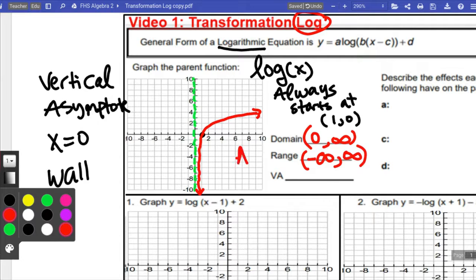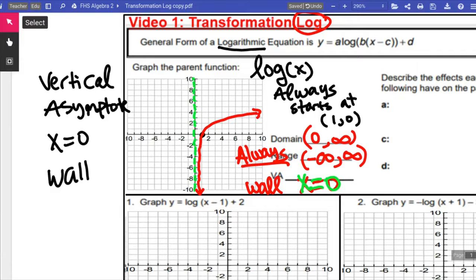This will always be the case for the range. The vertical asymptote, which I also call the wall, for the parent function is x equals 0. Let me use green so we can see that.